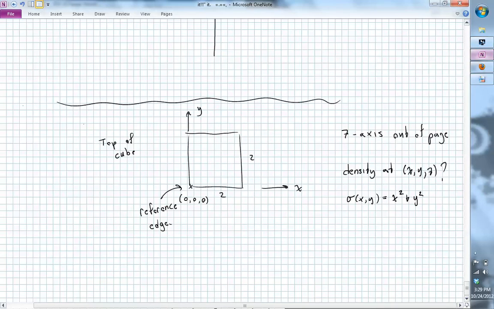Okay. What's the mass of a tiny little piece of cube? Let's call it dm. It's sigma of x, y, and z times dv. Right? What's the total mass of the cube? Well, I have to integrate that, right?